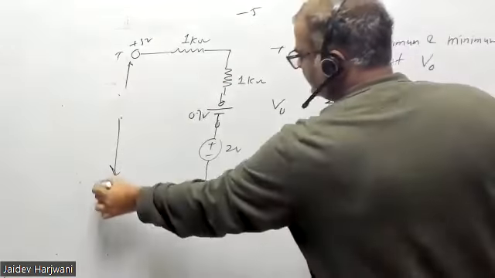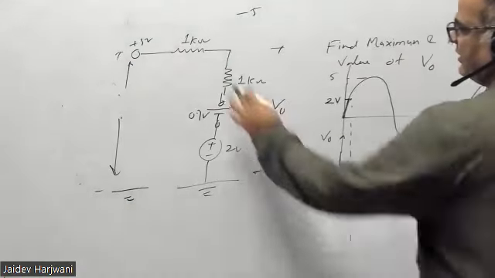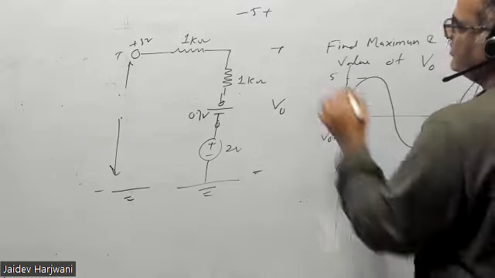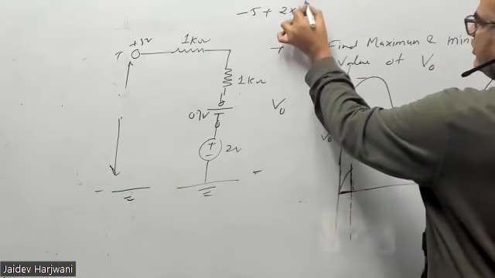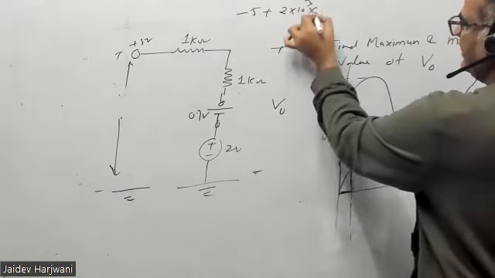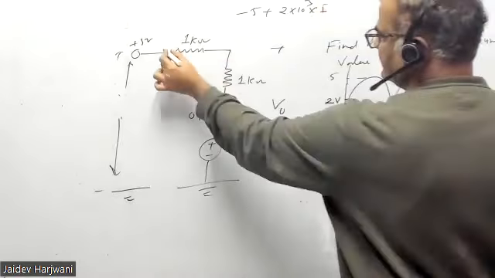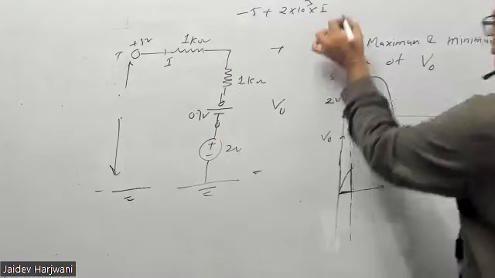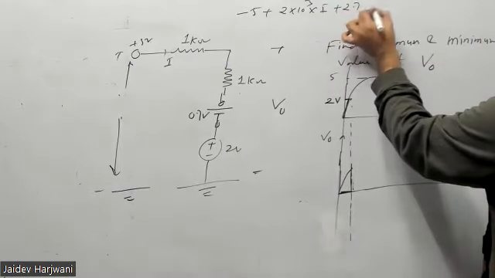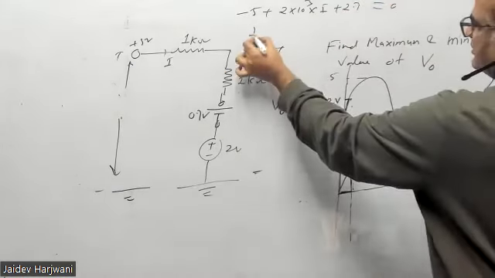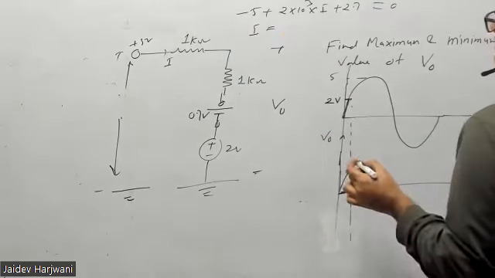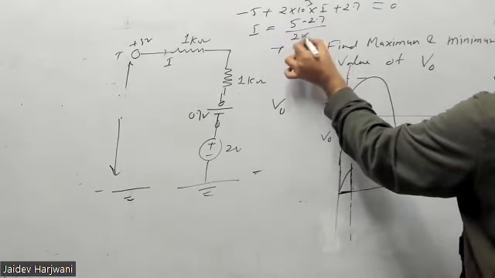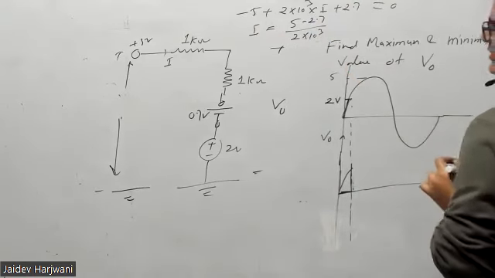So -5 plus 2 kilo ohm, that is 2 into 10 to the power 3, into I, the current coming here, and this is 0.7 plus 2, total 2.7 volt, equals 0. So I will come as 5 minus 2.7 divided by 2 into 10 raised to power 3.